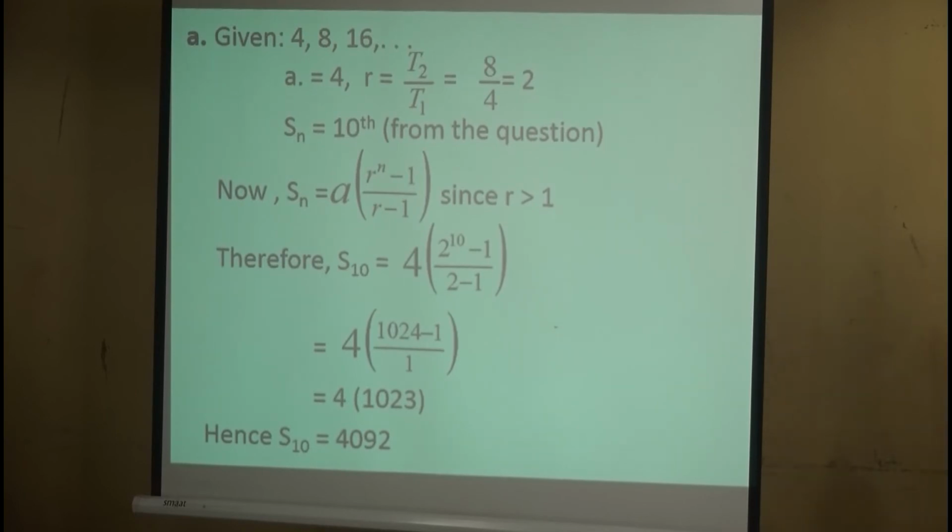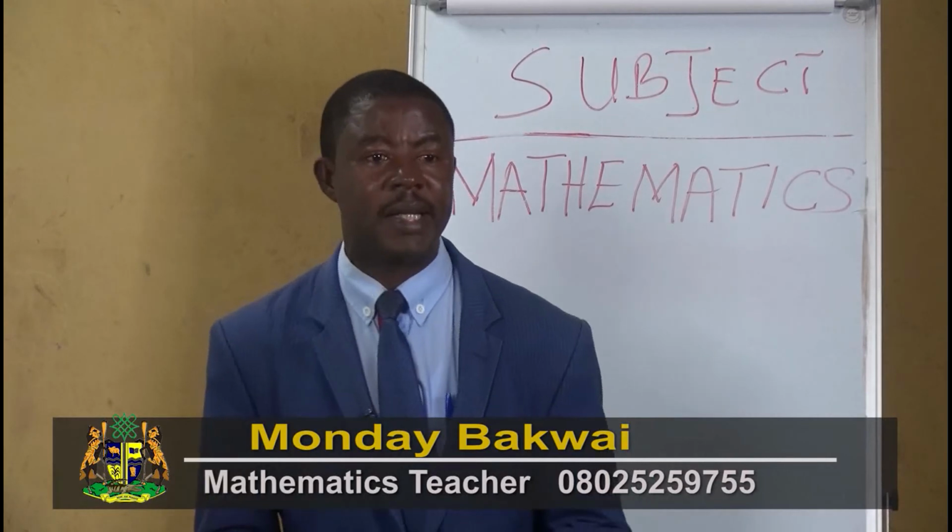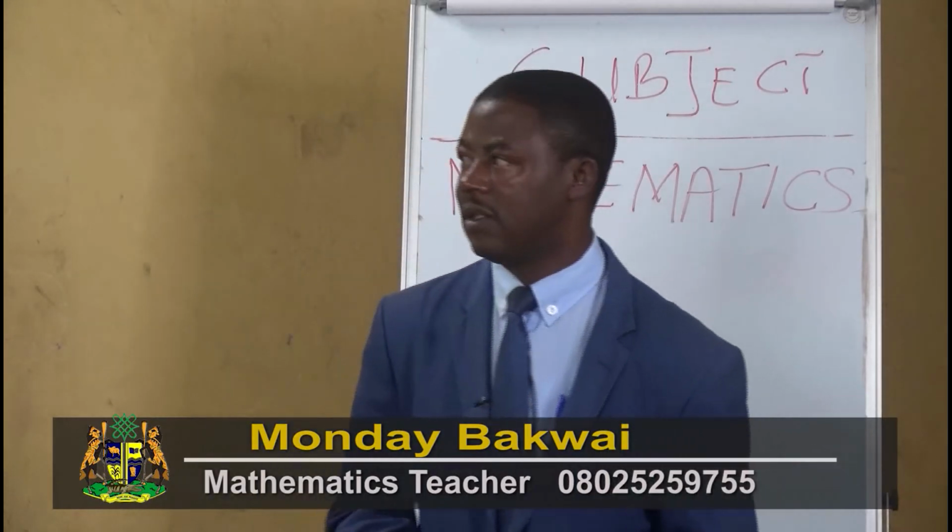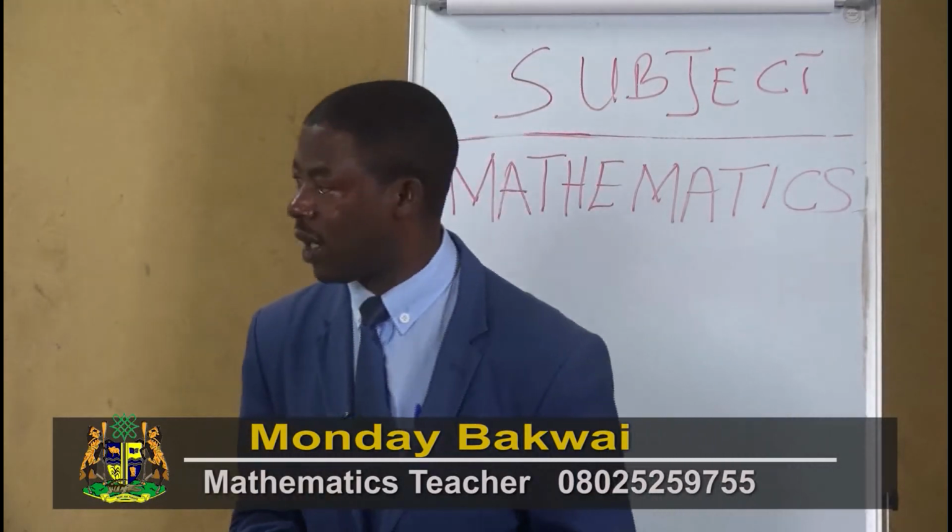So we use the sum of n terms equals A, open bracket, R raised to the power n minus 1, divided by R minus 1. Therefore, when we substitute the variables given, n is 10, the sum of 10 terms will give us A is 4, open bracket, common ratio is 2. So we have 2 raised to the power 10 minus 1 divided by 2 minus 1.